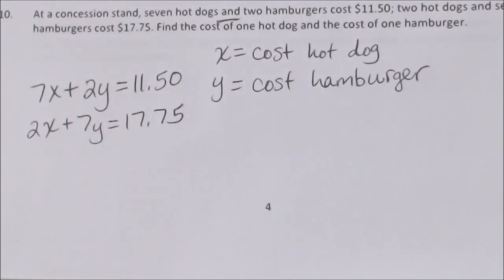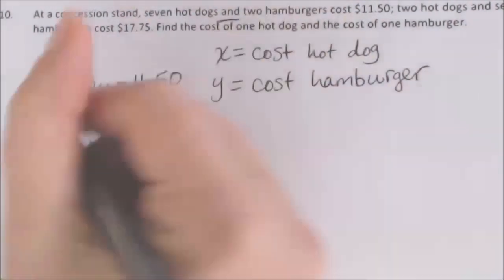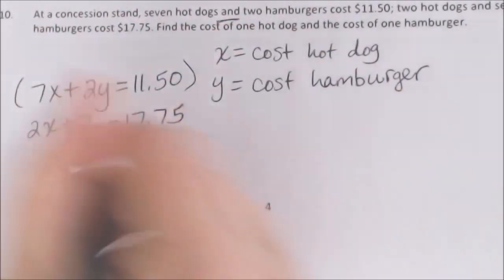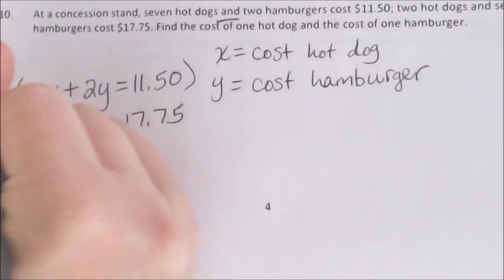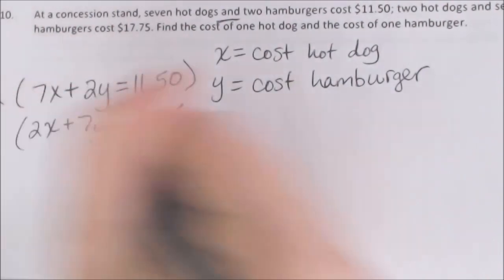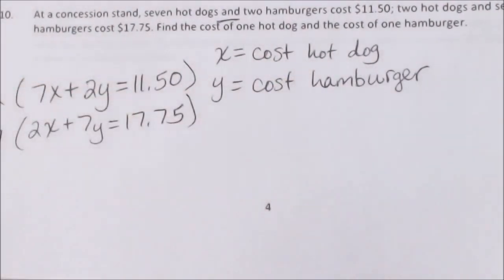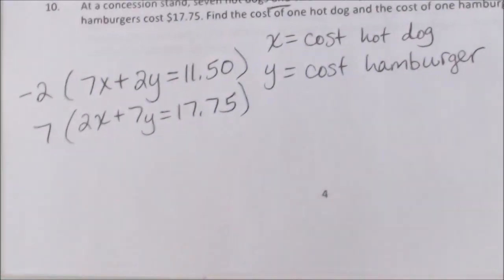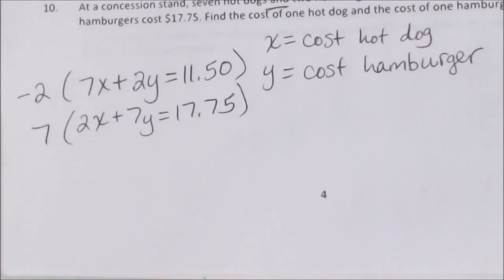Now think about what method you would use to solve this. I think elimination seems the easiest because both the x's and y's have coefficients. We can eliminate the x's or the y's. Makes no difference. I'm going to eliminate the x's. So I would multiply the top equation by -2, the bottom equation by 7, or we could do +2 and -7. Does not matter.